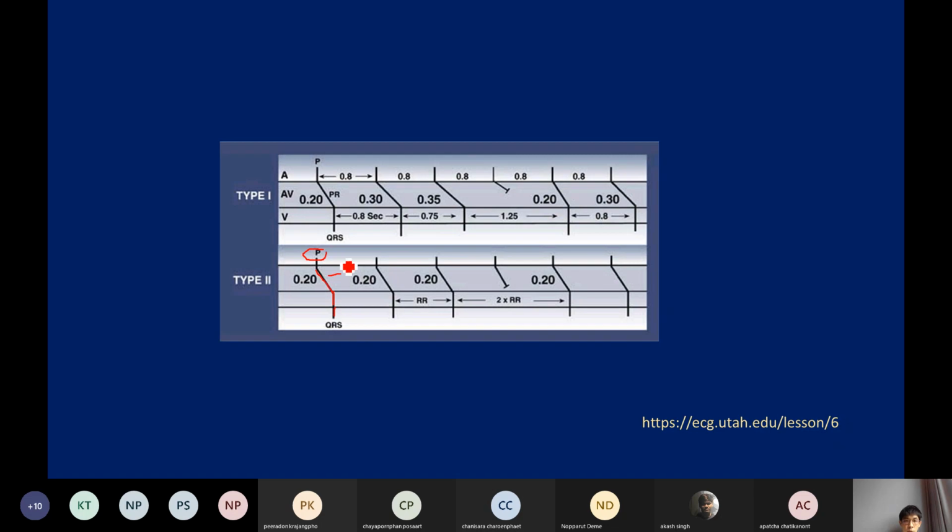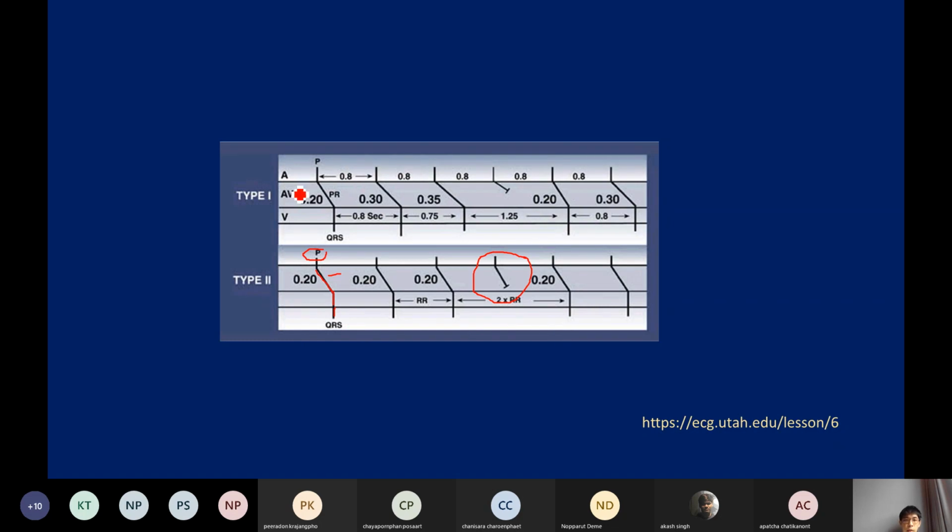This is normal conduction. They can conduct from the SA node through the atrium into the AV node and into the ventricle. And suddenly there's one beat that cannot conduct. This is type 2 second degree AV block.